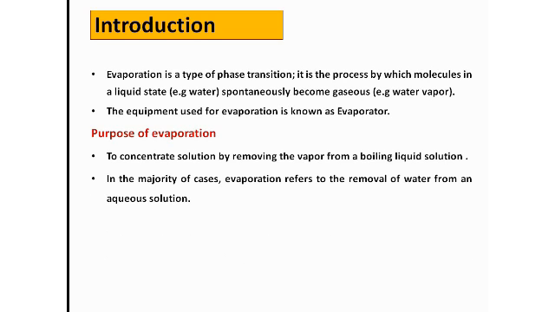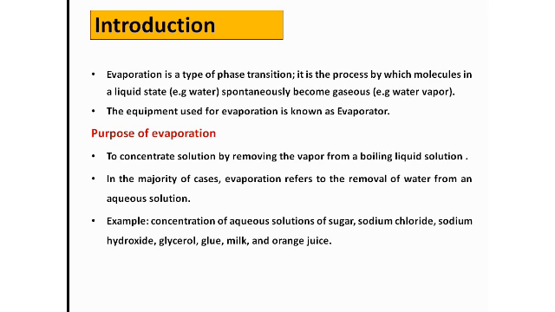The next thing is that in the majority of cases, evaporation refers to the removal of water from an aqueous solution. So whenever we use the term evaporation, it simply refers to the removal of water from an aqueous solution. Aqueous solution means any solution that has been made by using water.